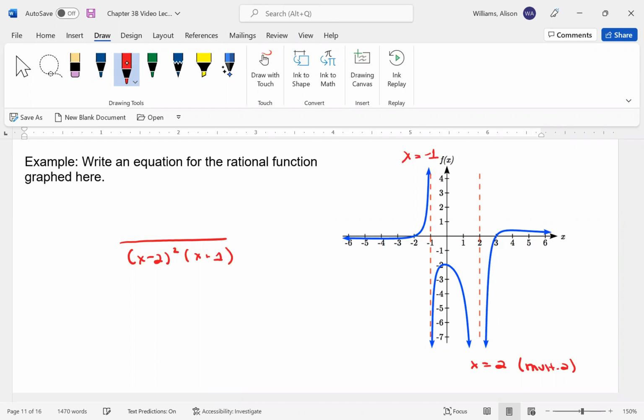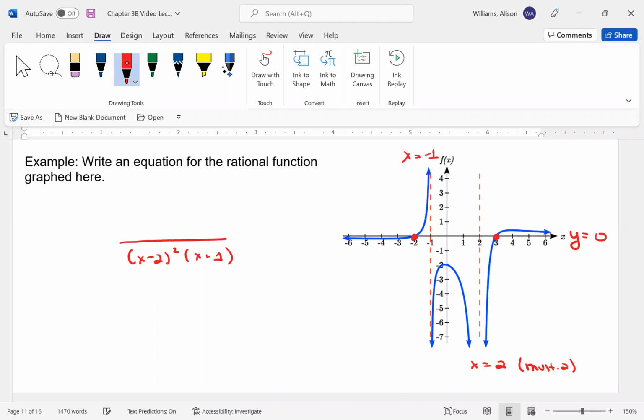Similar to what we just saw, see how it's crossing here, but it looks like it's approaching y equals 0 on both sides. That implies to me that the degree of the numerator is smaller than the degree of the denominator. And right now the degree of the denominator is 3. I'm seeing a horizontal asymptote at y equals 0.